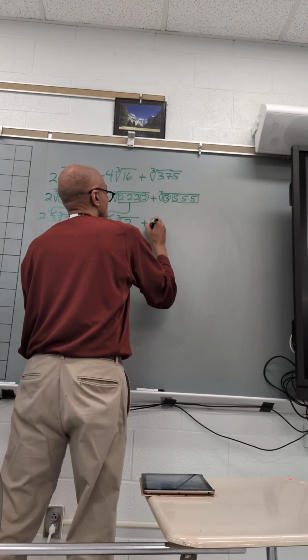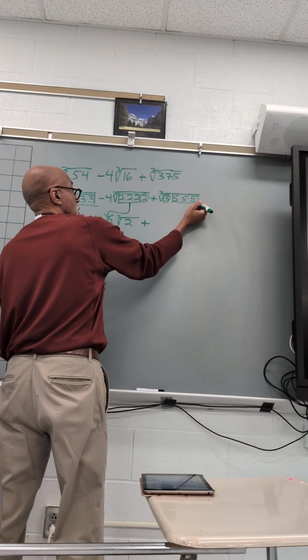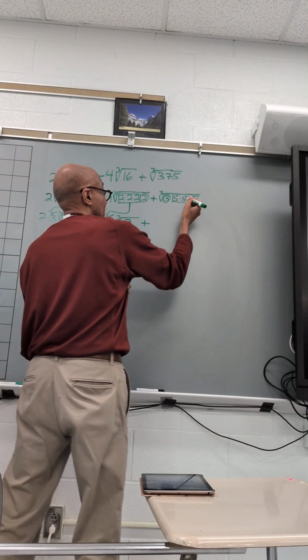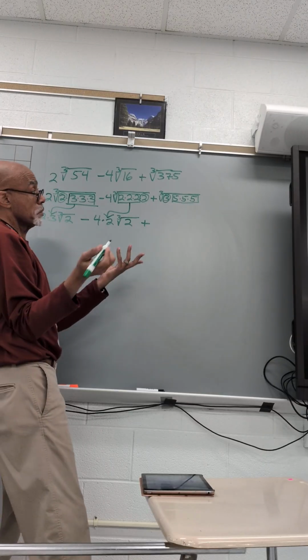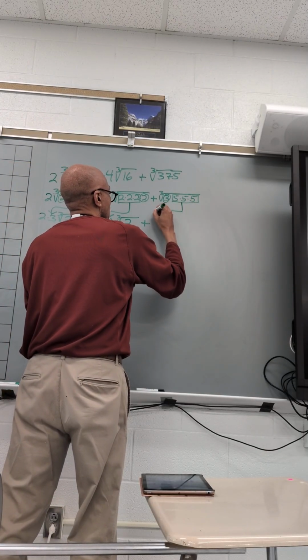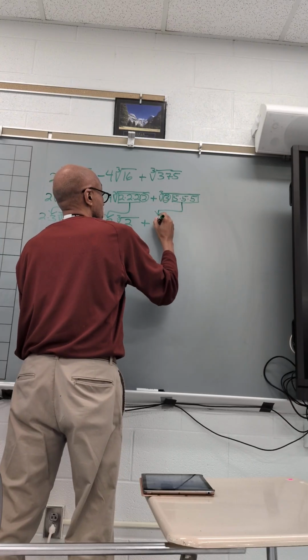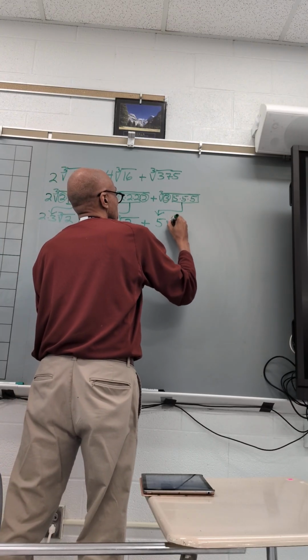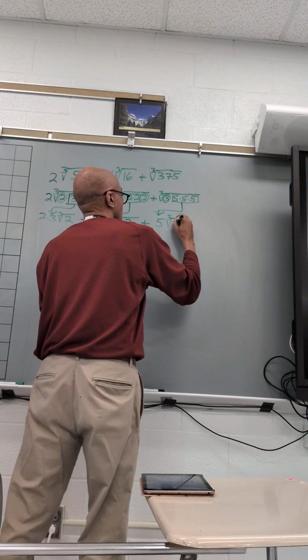Here, I have a box of triple 5's, so that's the cube root of 125, which is 5. So that goes out, and it's only 1 out here, so it's just 5. And you have the cube root this time of 3.